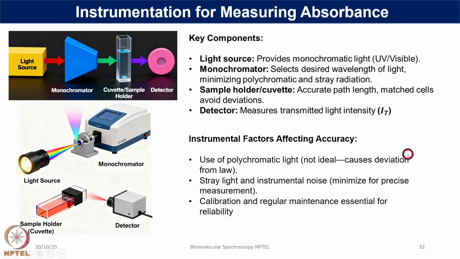So, what factors actually determine the accuracy of the instrument? Use of polychromatic light is not ideal; you need to have monochromatic light, and stray light should be avoided. Everything should be packaged in a box, that is the requirement; otherwise we can just have a tabletop setup, which is not very efficient. So, you put that in a box so stray light does not come in, and instrumental noise should be minimized for precise measurement. Calibration and regular maintenance are extremely important.